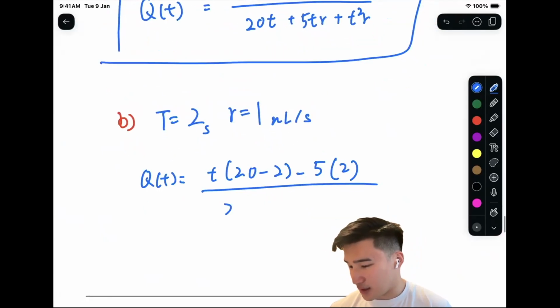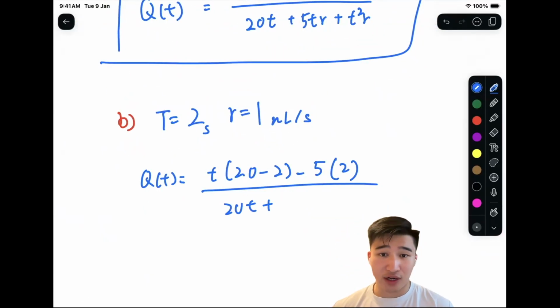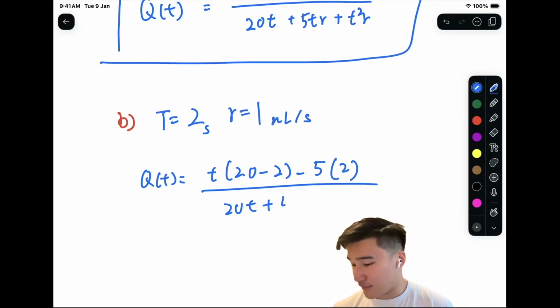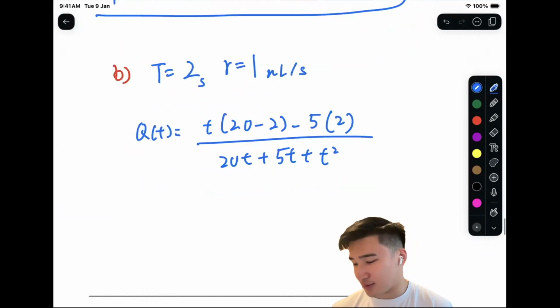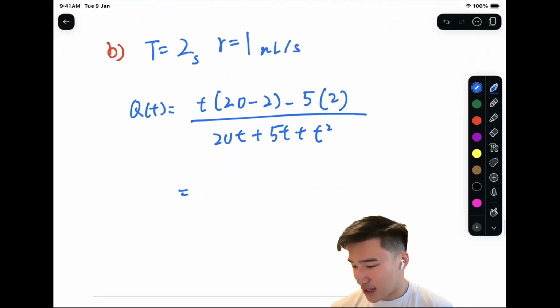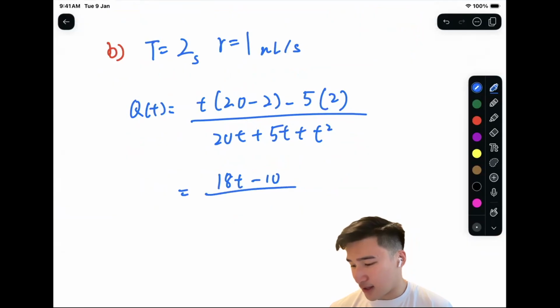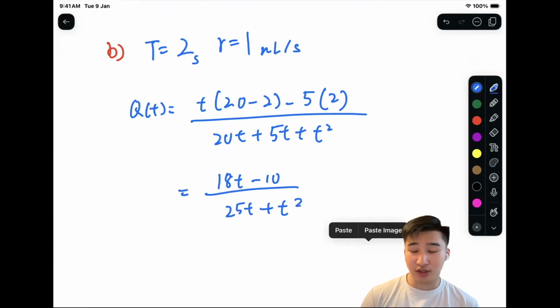So then you have 20T plus 5TR; 5 times 1 is 5T. And then you have T squared times R, which is 1, so it's T squared. So now we have 18T minus 10, and then 20 plus 5 is 25T, and then plus T squared. Okay, so this is our Q(T) function.